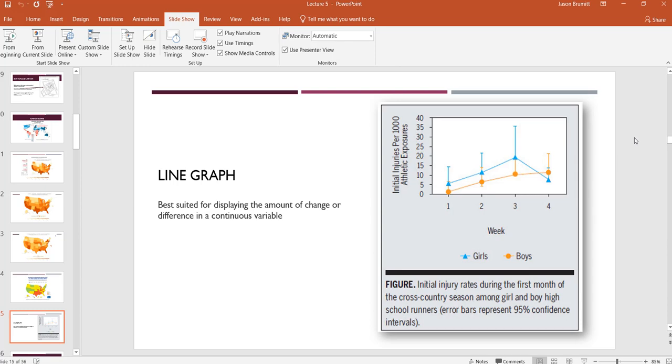If we see these patterns, it opens up the potential for either future study or in some cases, maybe not a study, but the coach going, hey, something's going on here at week 3. Do I need to back off my training? Do I need to change my training? Do I need to have my athletes coming into the season better conditioned prior to the season getting going?